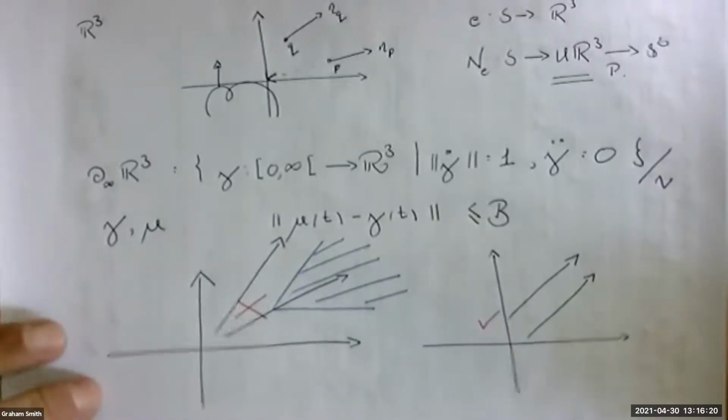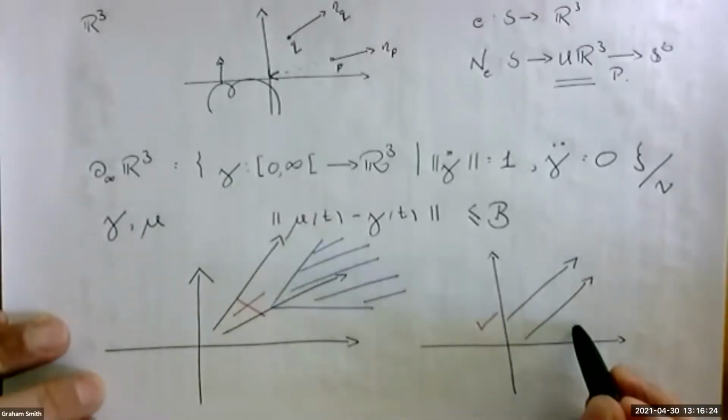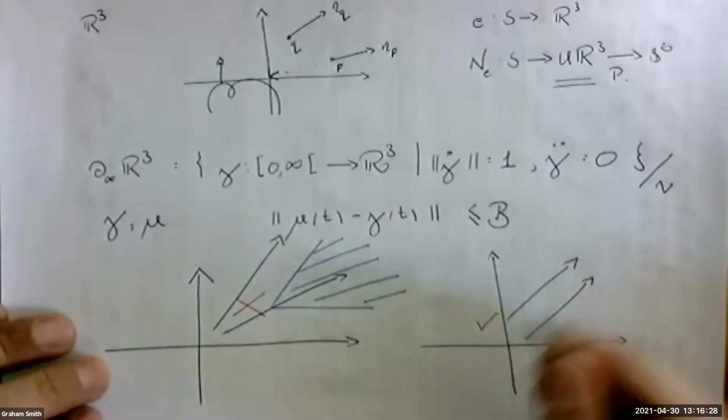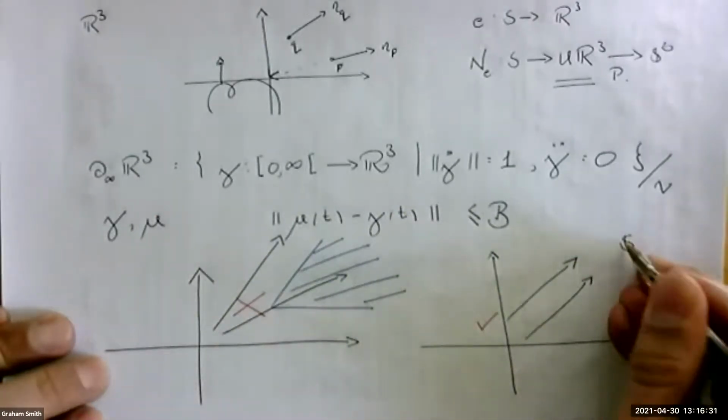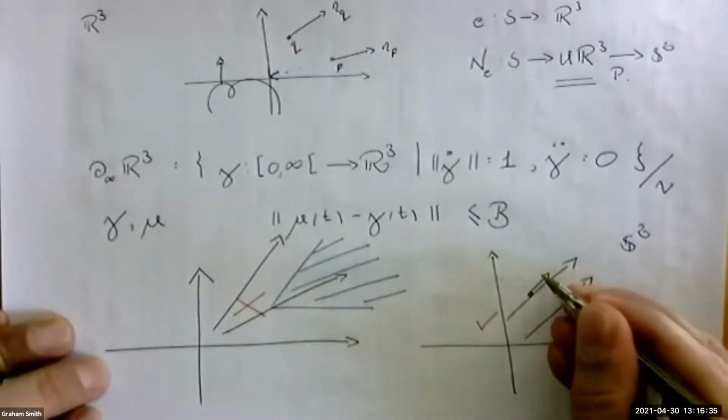In this way, we can topologize the space of equivalence classes of complete rays in R3, and it's straightforward to show that this space of equivalence classes is homeomorphic to the unit sphere, where any ray is identified with its direction.